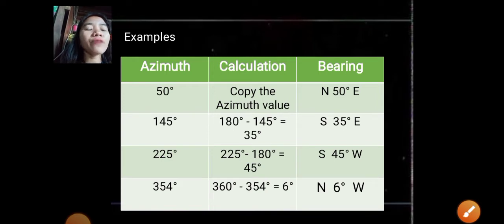Then 145 degrees. The formula to be used is 180 degrees minus azimuth. So we have 180 degrees minus 145 degrees, which is equal to 35 degrees. So our bearing is south 35 degrees east.